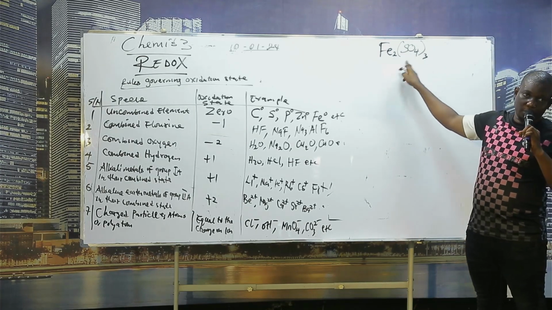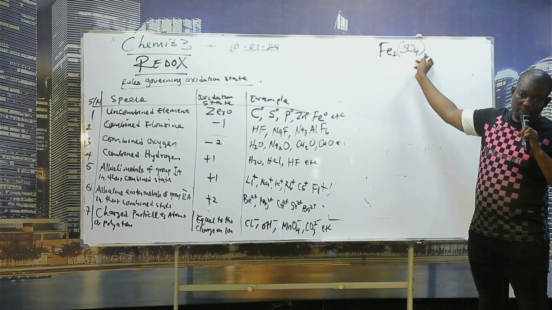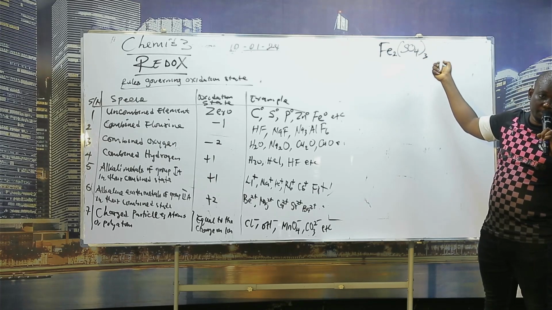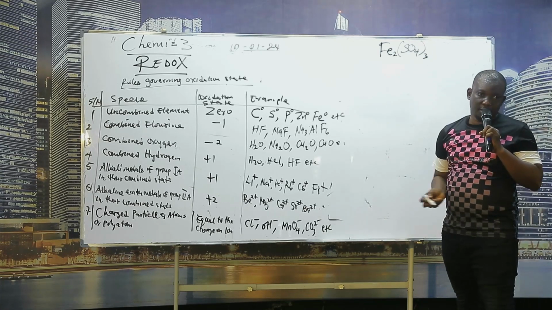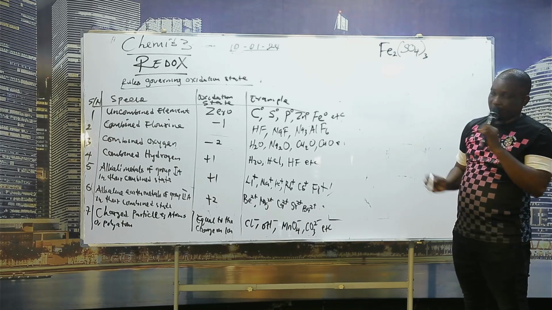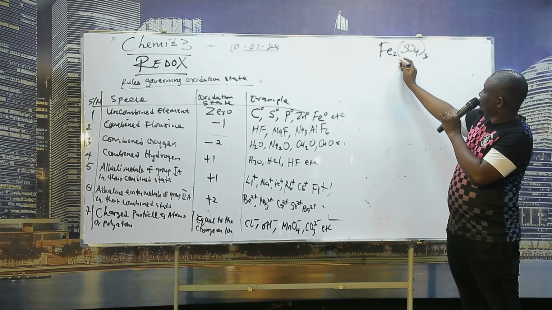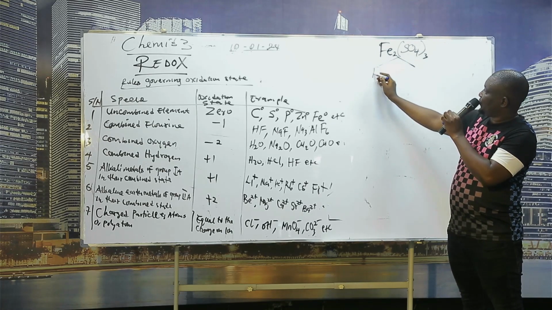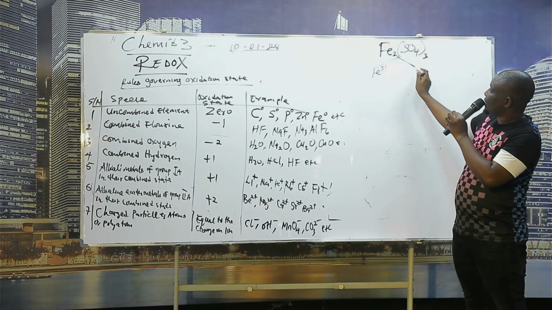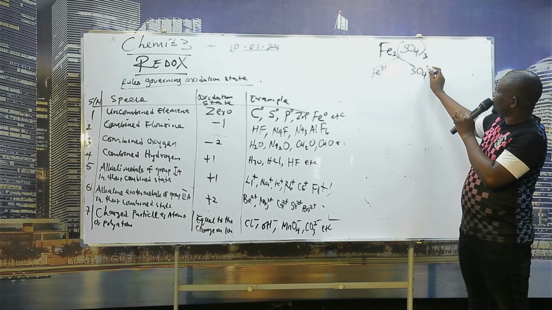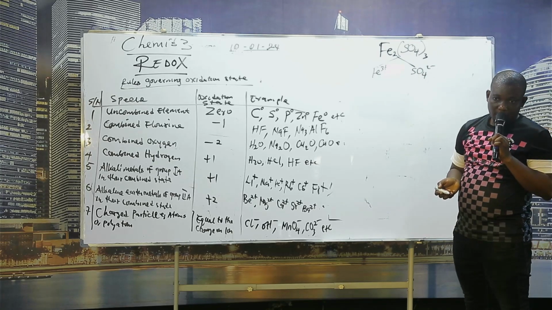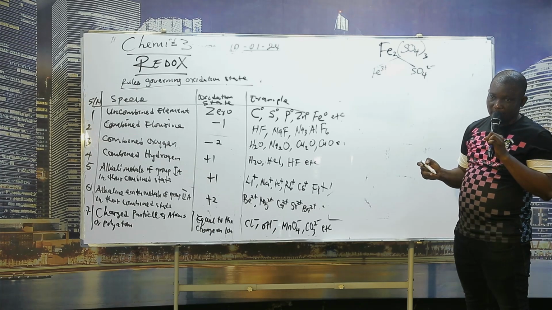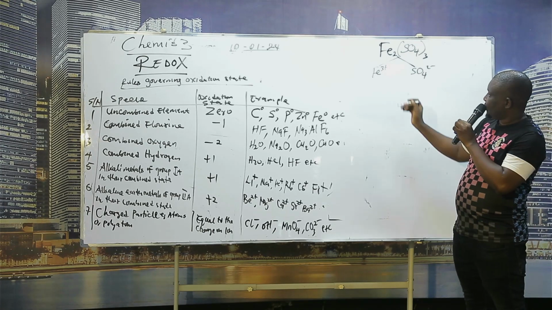First of all, think of how this compound was formed. Scatter it this way: Fe3+ and SO4 2-. That is scattering. Join it again.